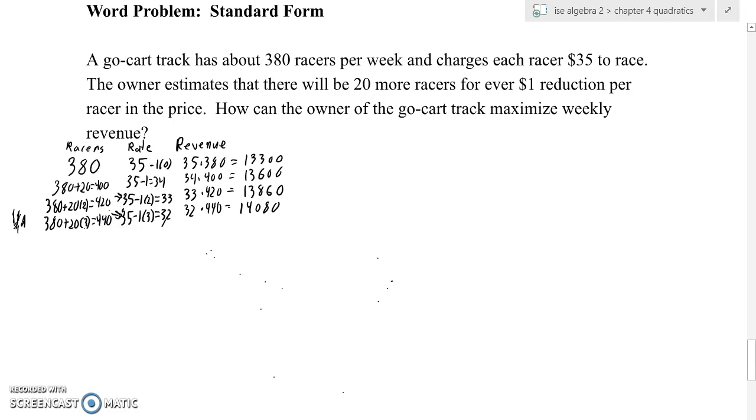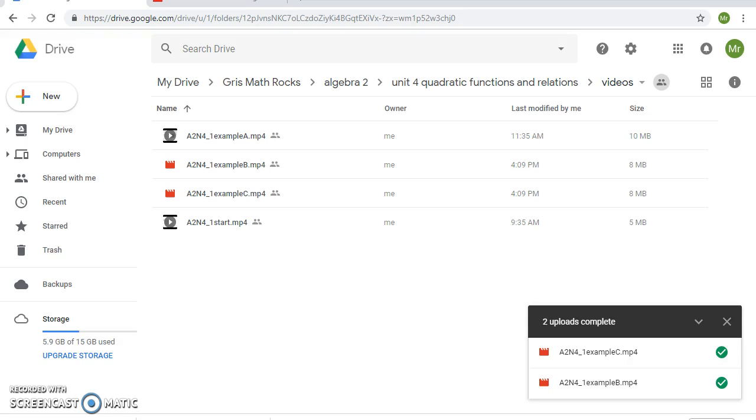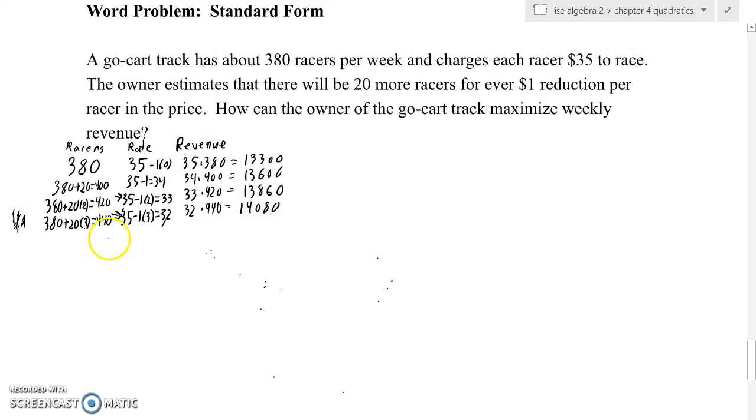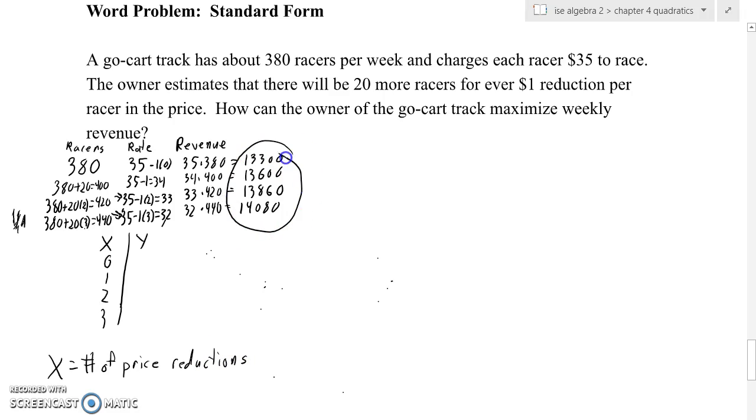So it seems like I have an X going 0, 1, 2, 3, where X is the number of price reductions, and Y is my revenue over here.